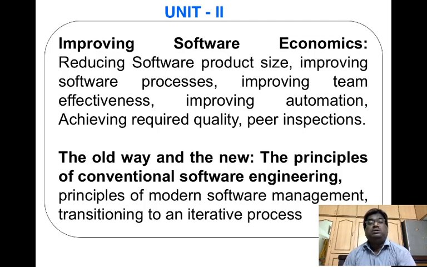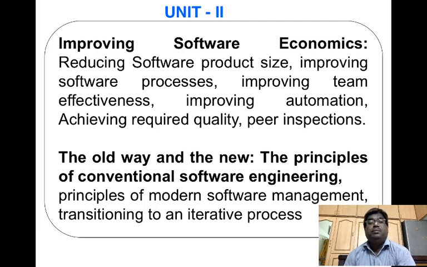Almost all software companies which followed the conventional practice methods have changed into modern practice principles. So totally two approaches are there. One is conventional process models, called the old way, and the new way is called modern practice methods.